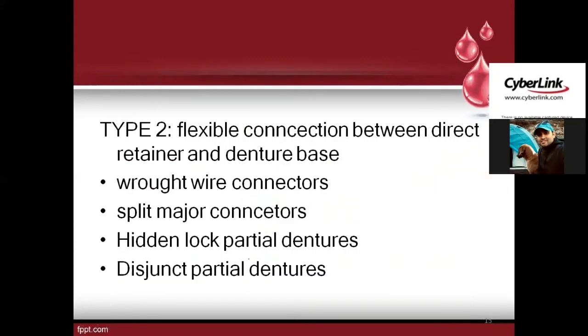Then we come to type 2. In type 2, it has a flexible connection between the direct retainer and denture base. It can be a wrought wire connector, divided or split major connector, hidden lock partial denture, disjunct partial denture.